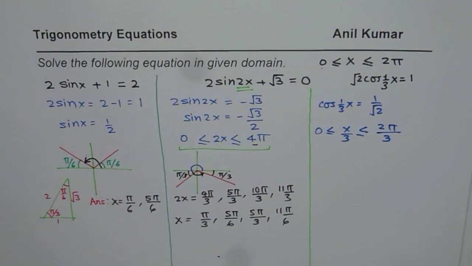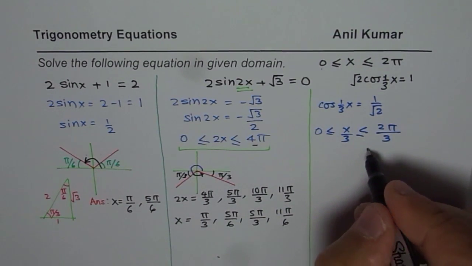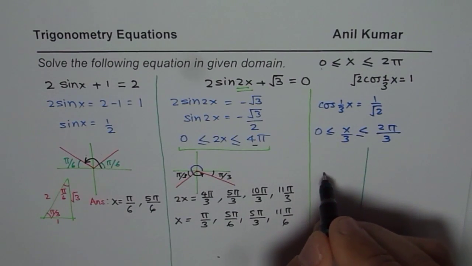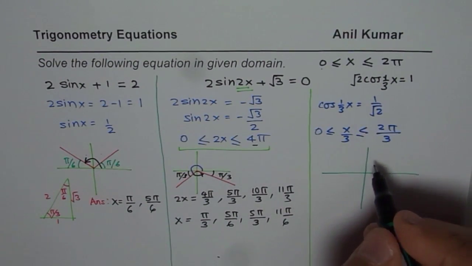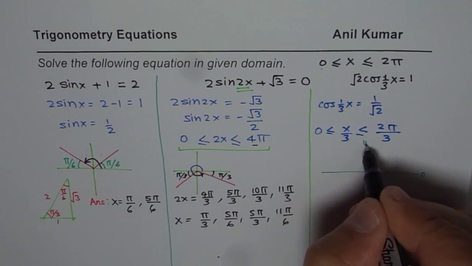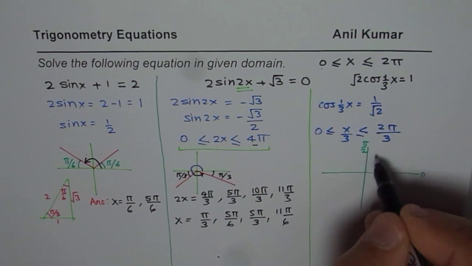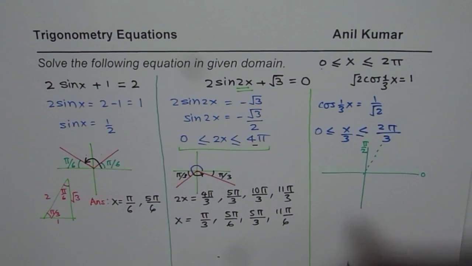You get the idea? 2 pi by 3, right? So basically your domain has got restricted, and so you're looking for solutions of this within the domain 0 to 2 pi by 3. So this is like 0, this is pi by 2. 2 pi by 3 means kind of up to here, right?